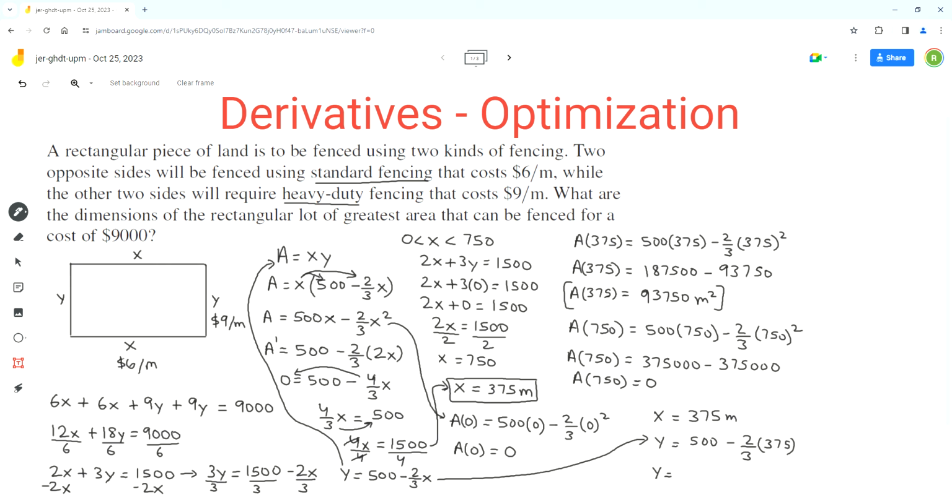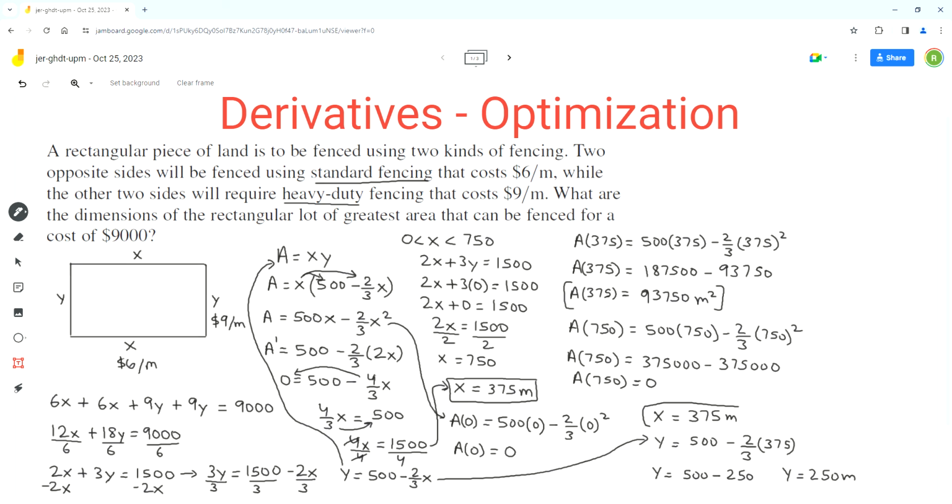So 500 minus 250, which is equal to 250, and the unit is meters.